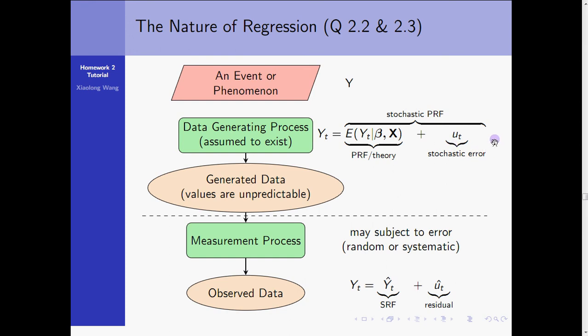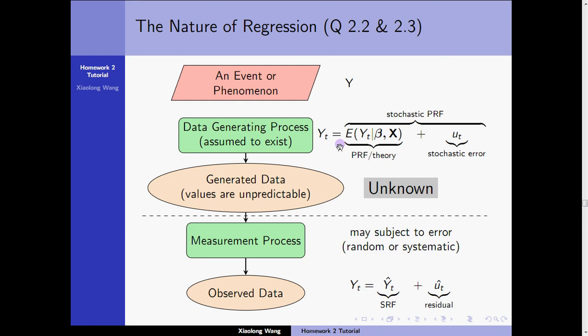So we have to be cautious about how the model is specified, and this is a very important part of the regression analysis. So the last point is that we have to be aware of the fact that the data generating process is unknown. So we never know what the true data generating process is. We know it from a theory.